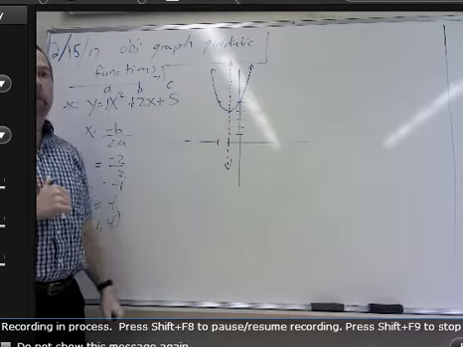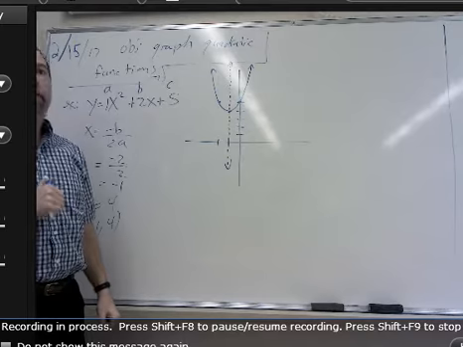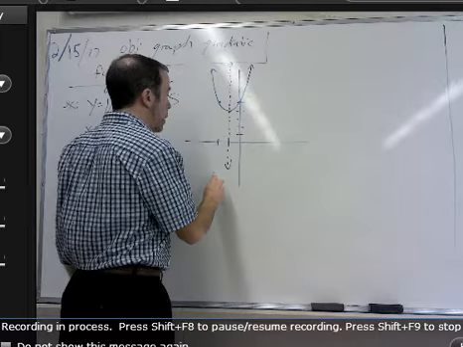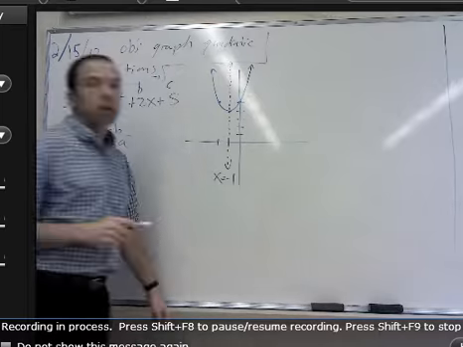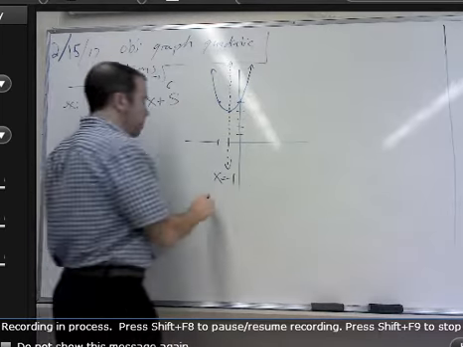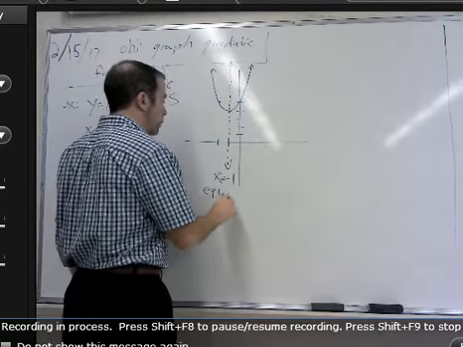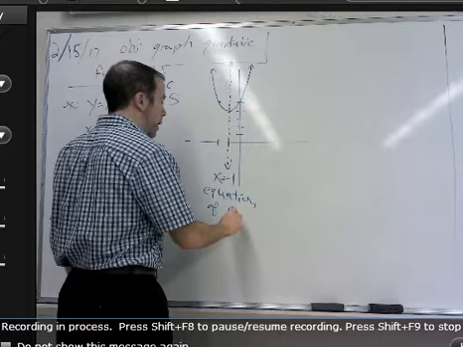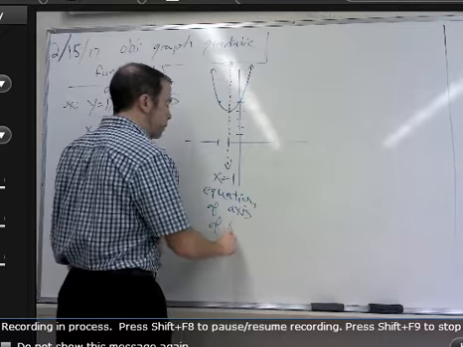X equals negative 1, right? It hits the x-axis at negative 1, so x equals negative 1 is our equation of axis of symmetry.